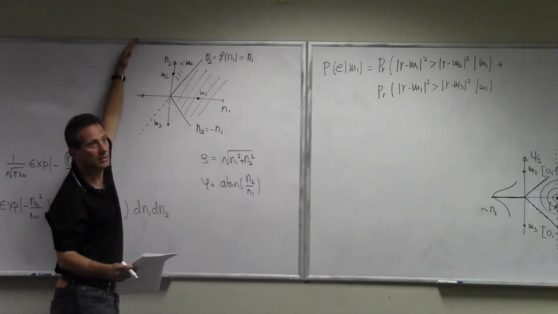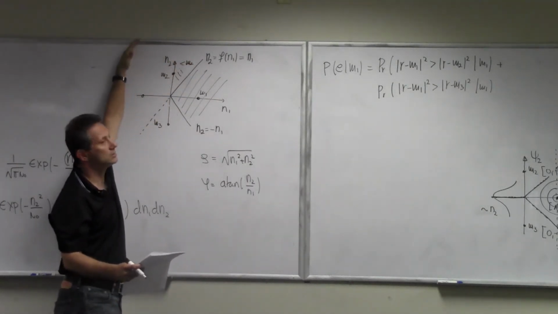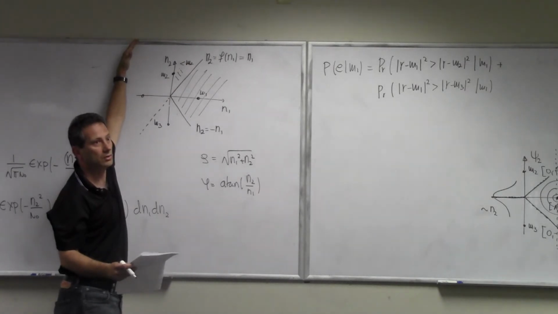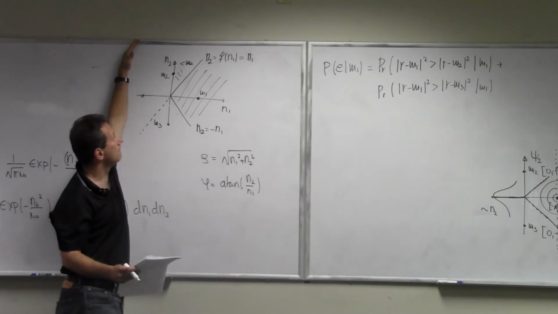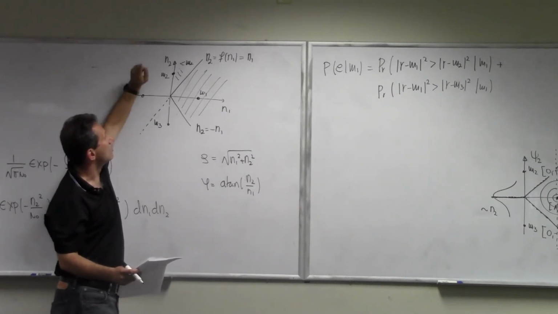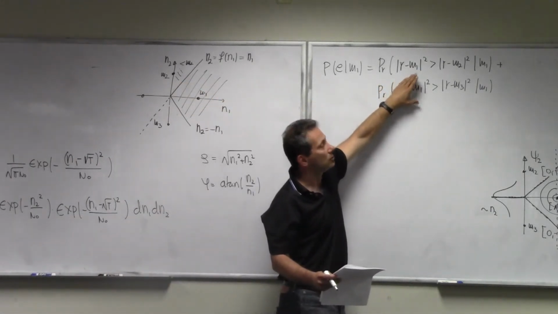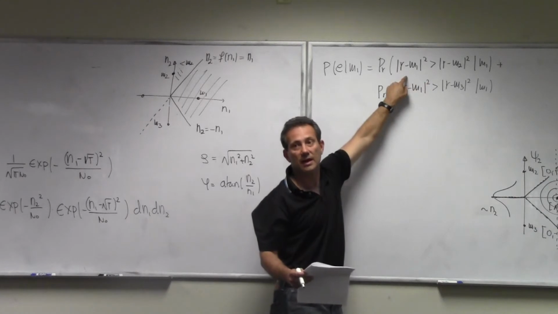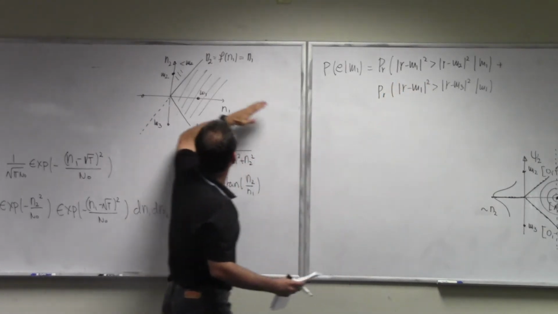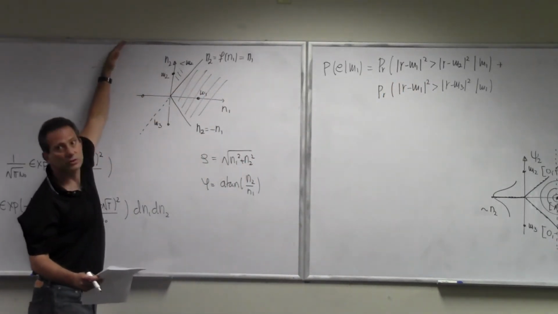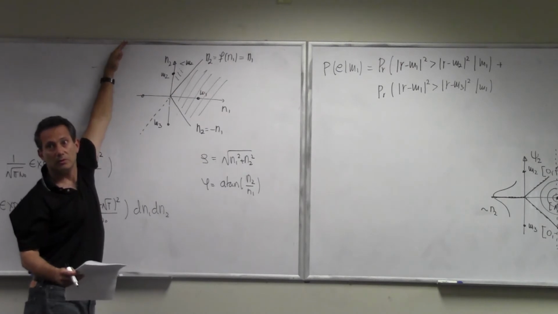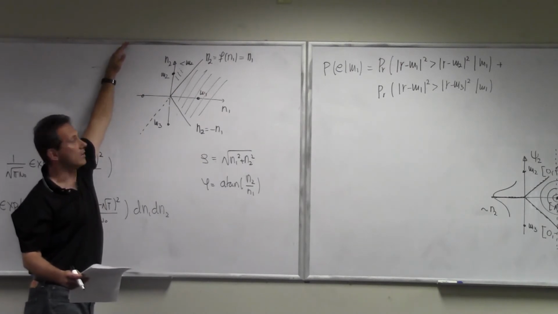Wherever I fall within this region, I'm going to be closer to M2. I think it's from the negative N1 to the line instead of the straight. No. Look at this event. Where am I closer to M2 than M1? Oh, yeah. Everywhere above this line, I'm closer to M2 than to M1.